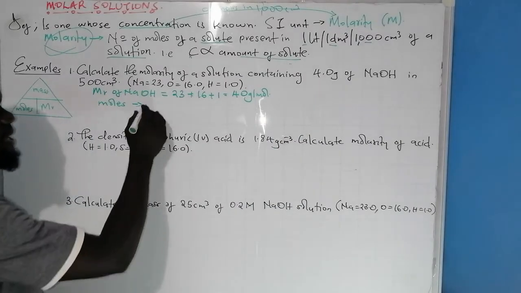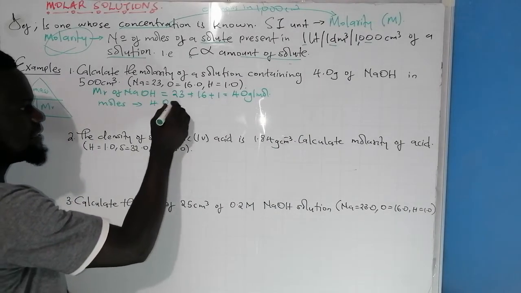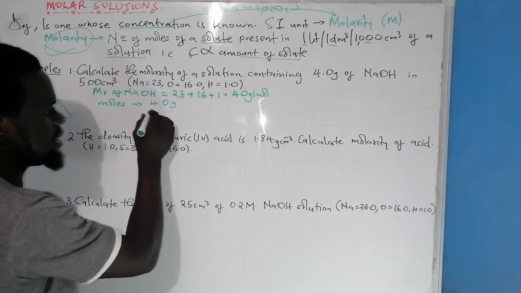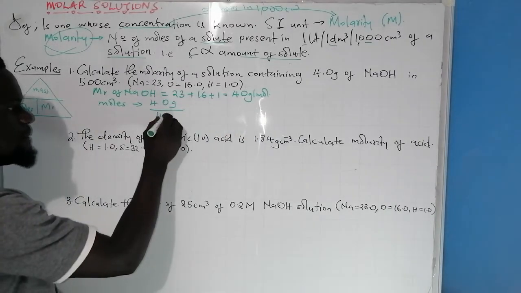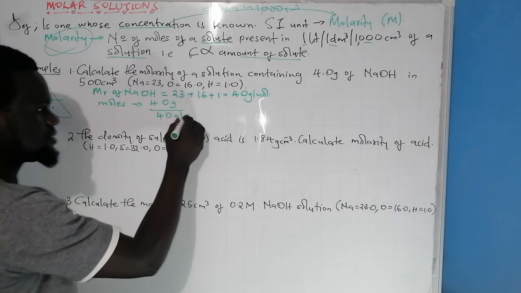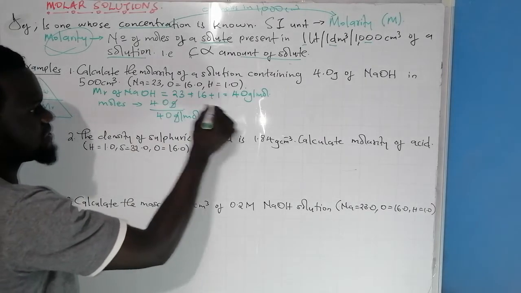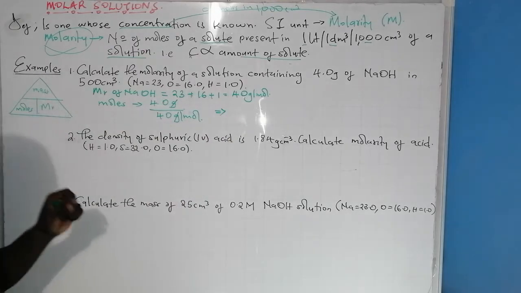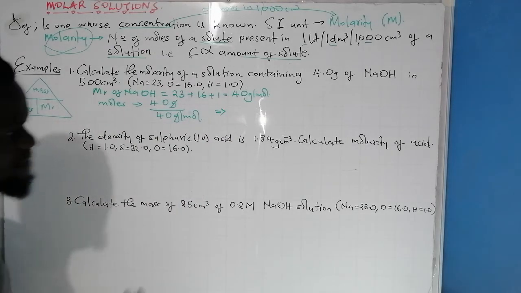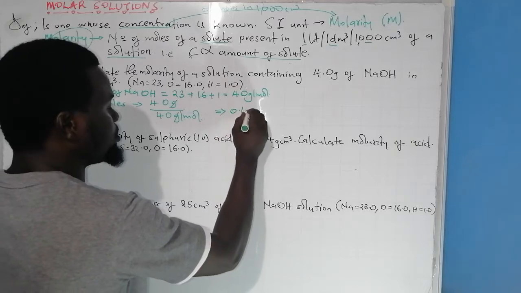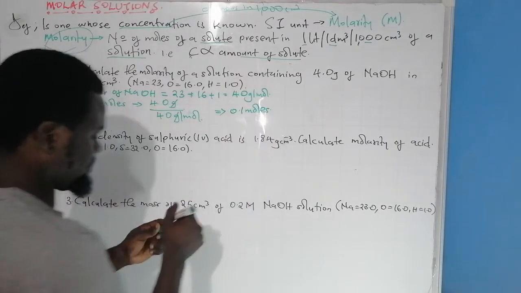And how do I calculate that? It is very simple. I take the mass of sodium hydroxide divided by the molar mass of sodium hydroxide. So it is 4 gram over 40 gram per mole. So the grams will cancel and when I take 4.0 divided by 40, it will give me 0.1 moles of sodium hydroxide.